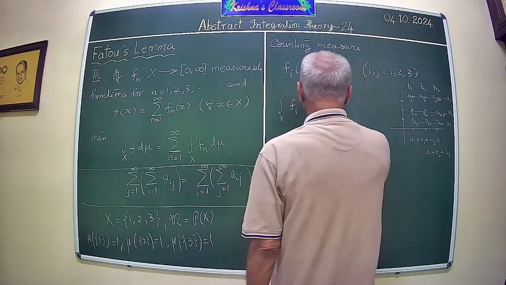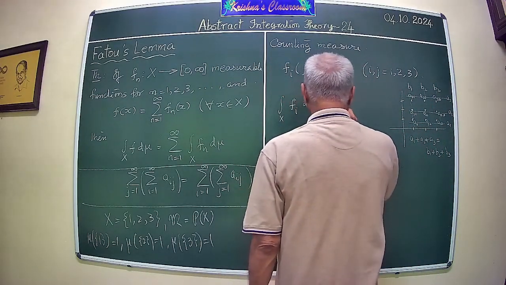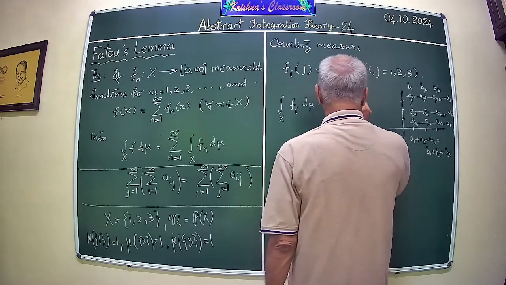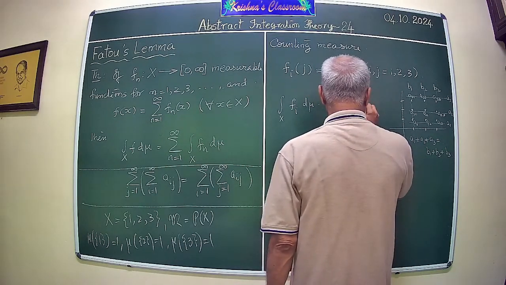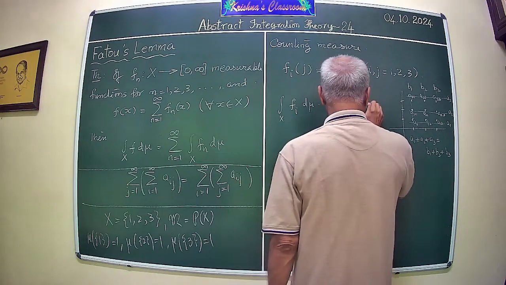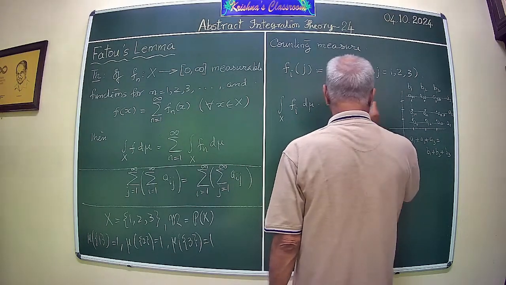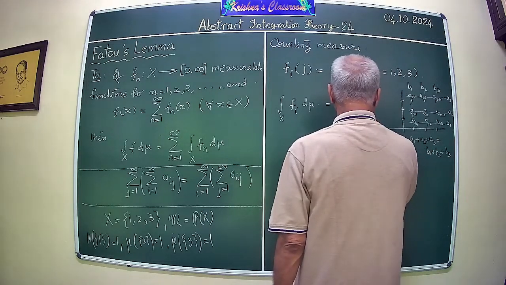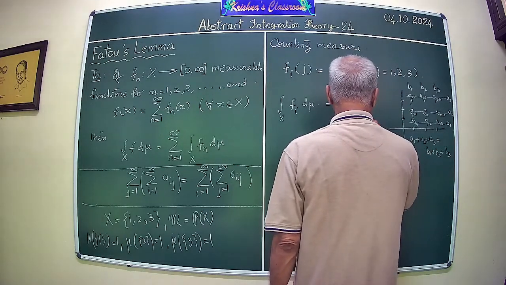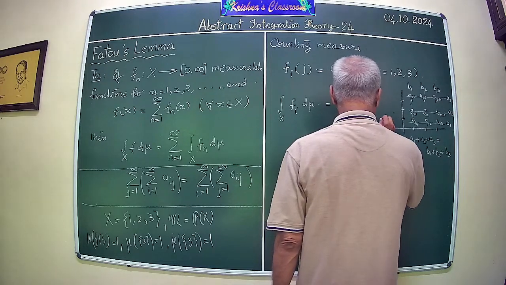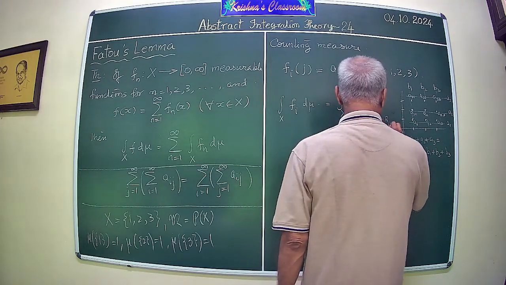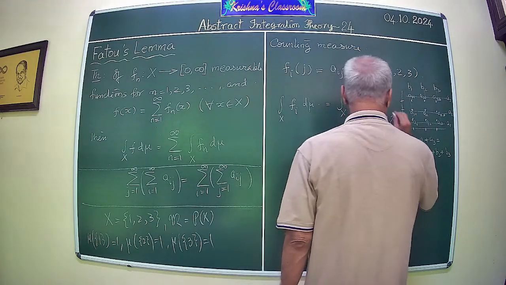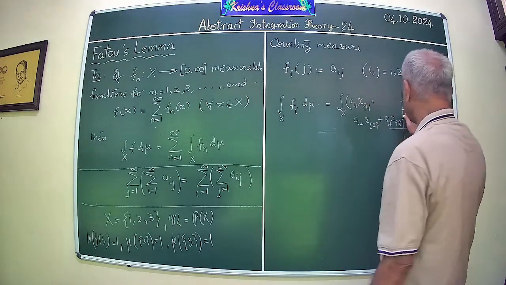Fi is equal to integral over x of Ai1 plus Ai2 plus Ai3.